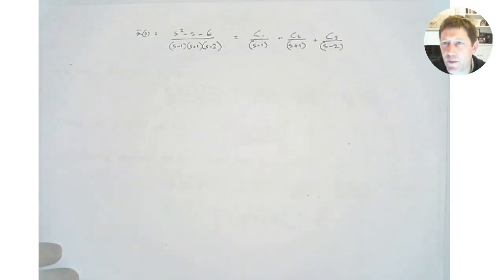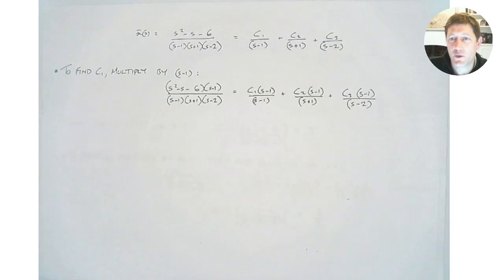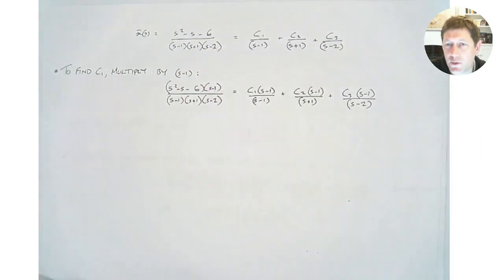How do we find c1, c2 and c3? Well, here's the trick. A little bit of neat algebra helps us to identify what they are. This is the method that works for the case where you have different roots for each one.